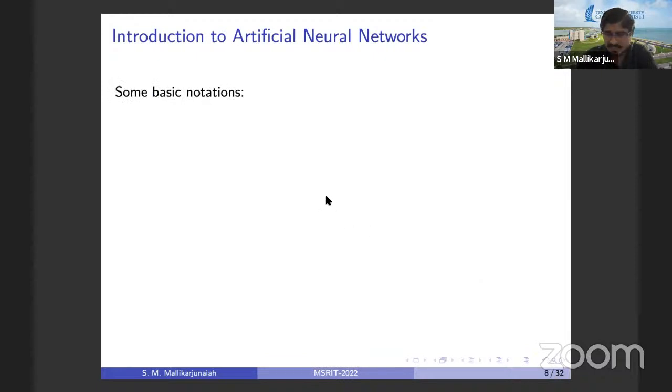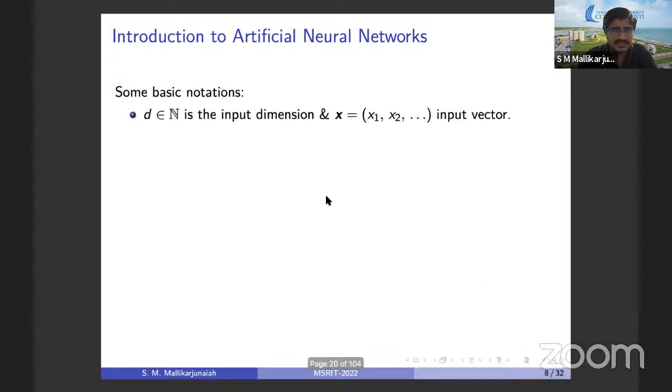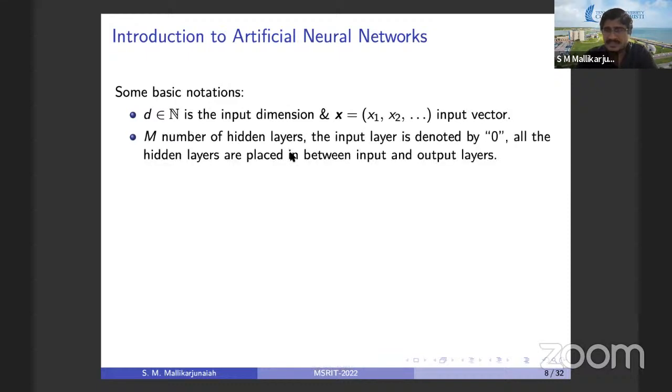Okay, so let me tell you some basic notations. Let D be the input dimension, X the input vector, and M the number of layers. Now the first layer, we call it layer 0, that's the input layer, and the last layer, the Mth layer, is the output layer.